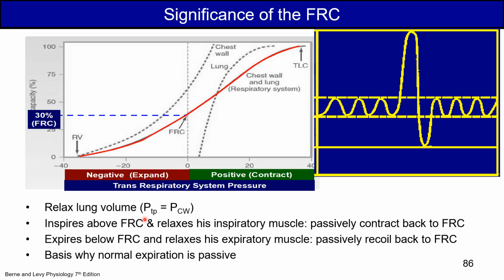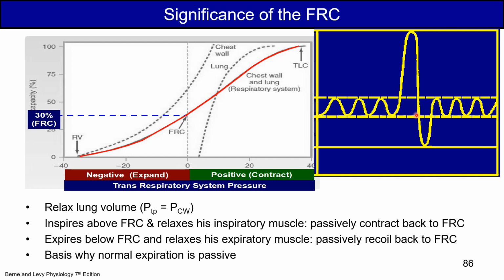So if we inspire maximally up to TLC and we relax our inspiratory muscle, on its own, the respiratory system will go back to FRC, even without us using our expiratory muscle.